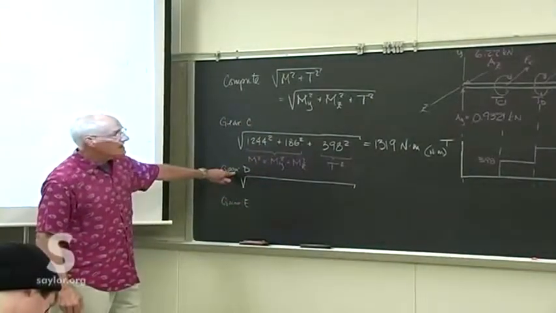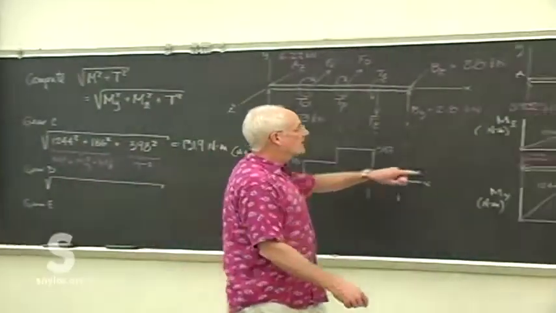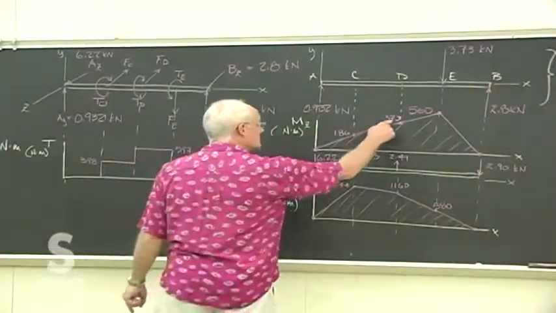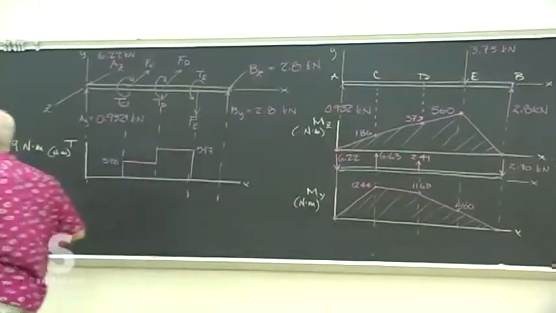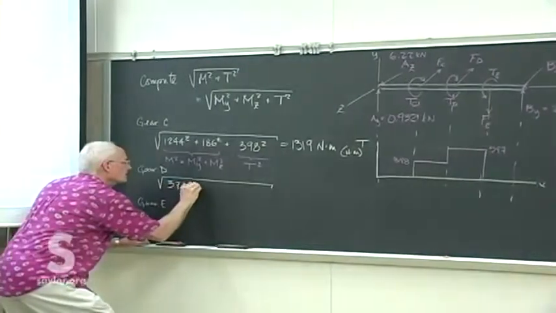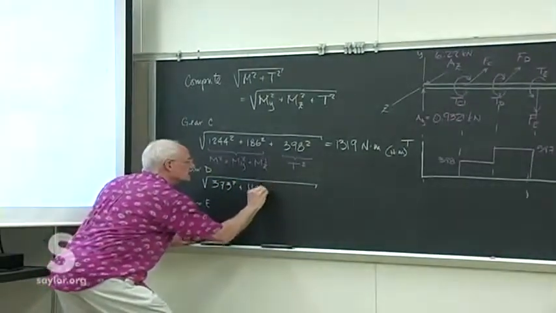So at gear D, MY is 373, MZ is 1160. So 373 squared plus 1160 squared.